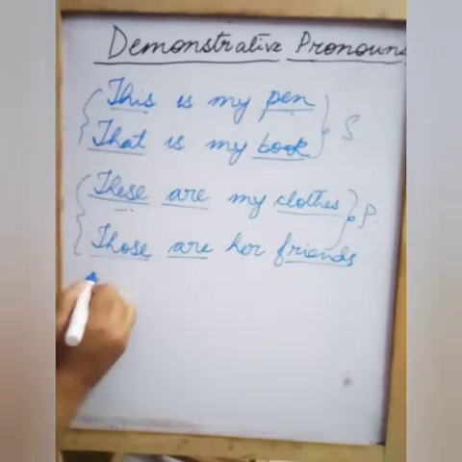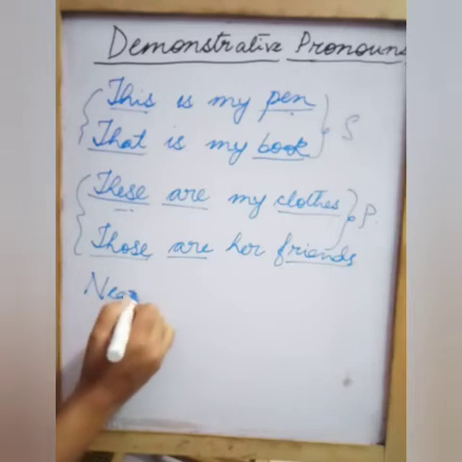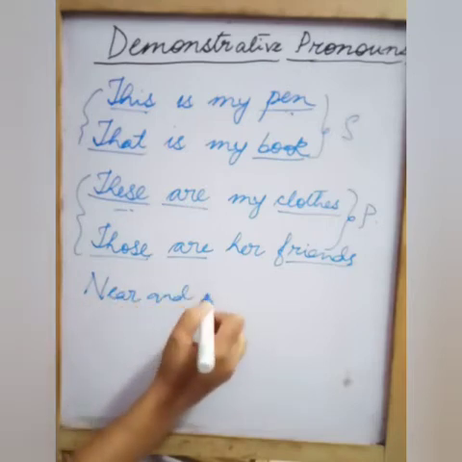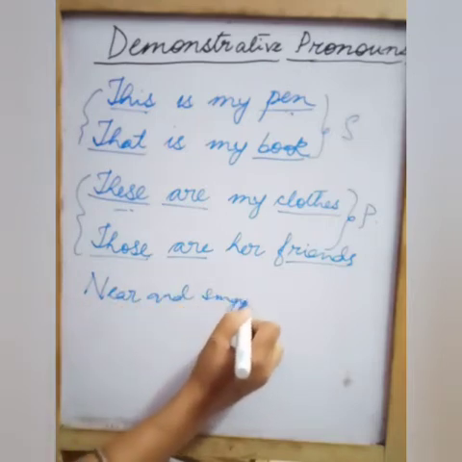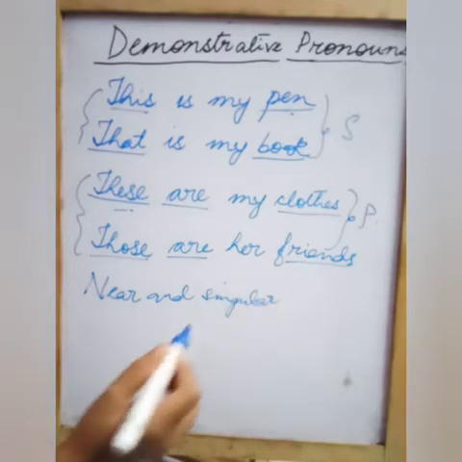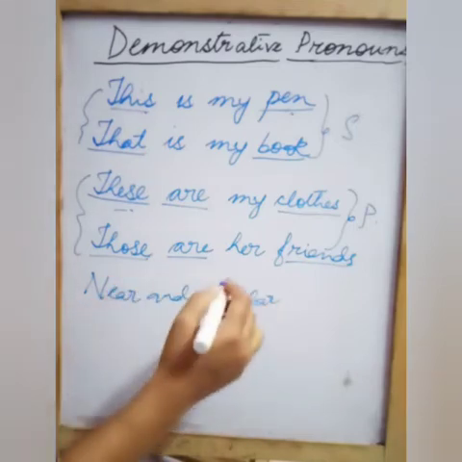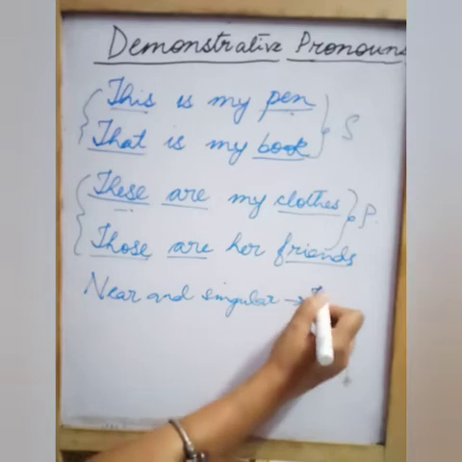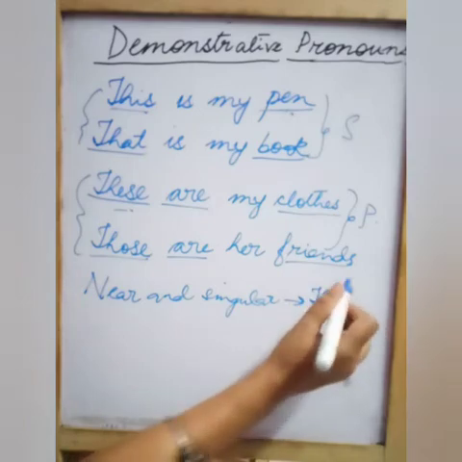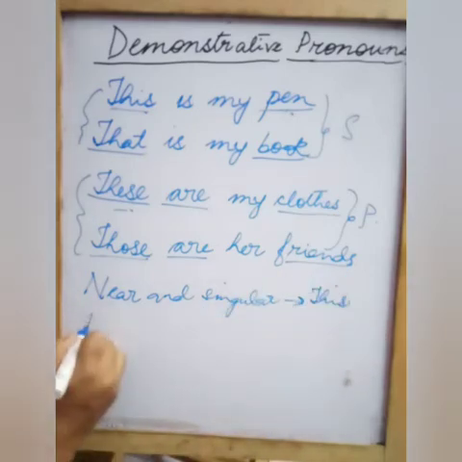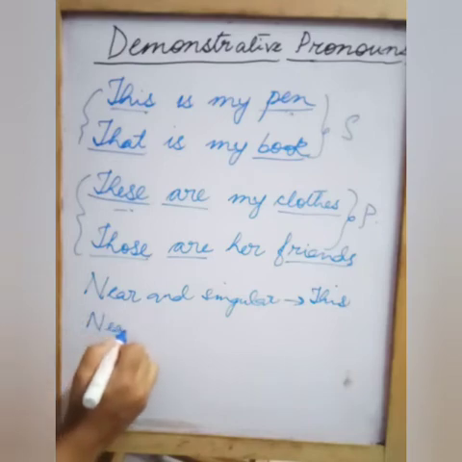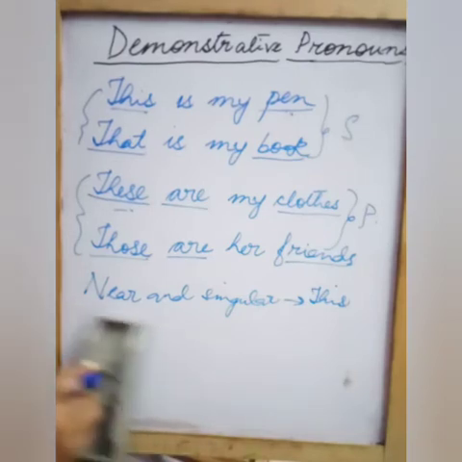So when it is near and singular, any object or maybe friends, we use what? We use this. Fine? Near and singular, it will be this.